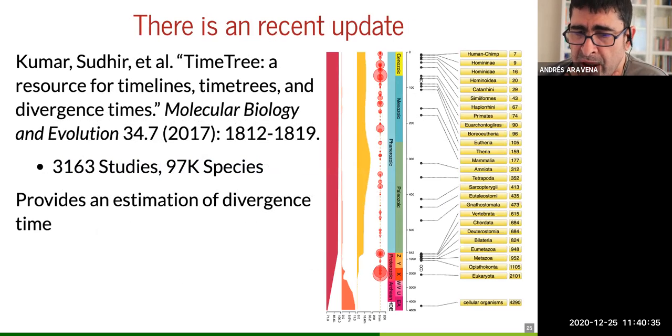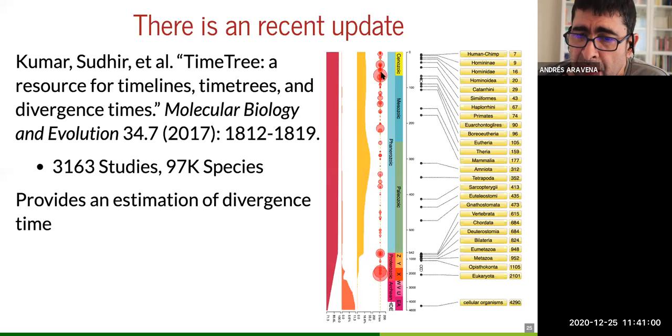You start with an organism like human, and you see how many years ago we separated. This is human, for example. So here, the closest separation is human to chimpanzee, then hominids, then primates. For example, here we separate from the rest of primates 80 million years ago.